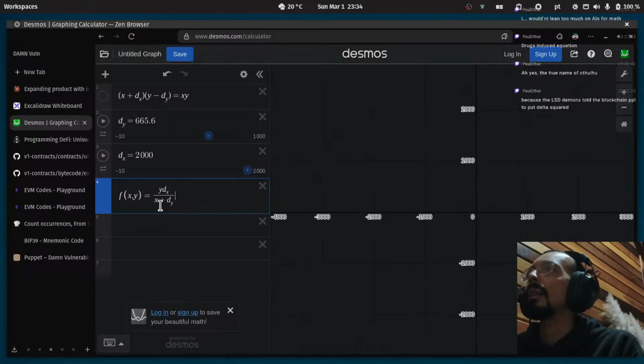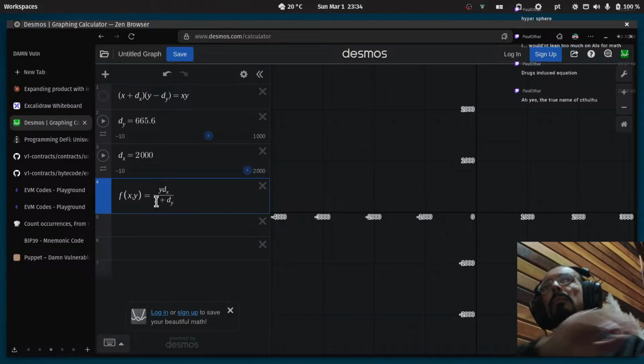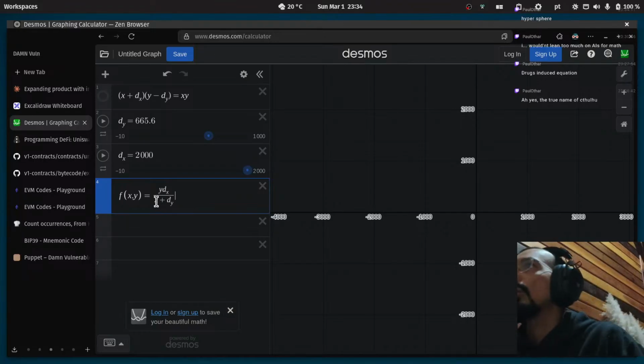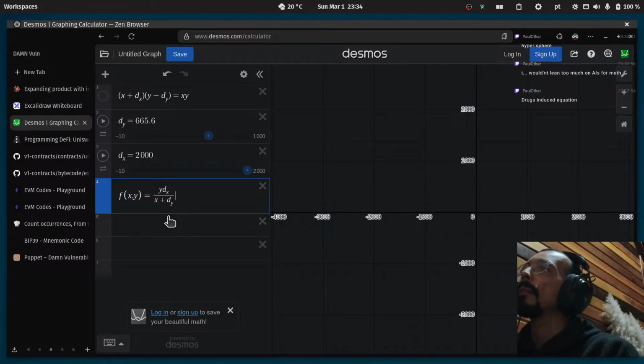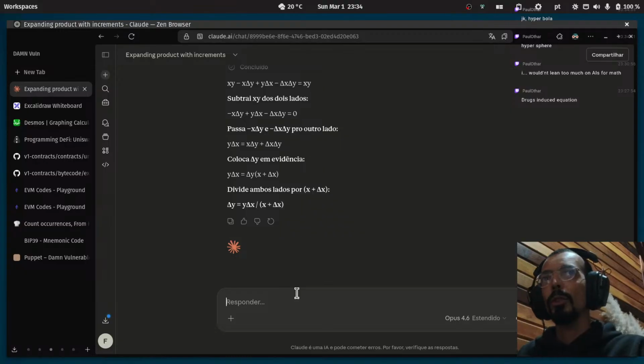But it's clear that I don't remember how to put the lines here. Hypersphere, really? That's the way to spell it? Cool. We can ask for joking.